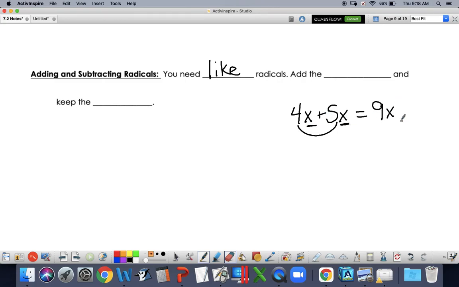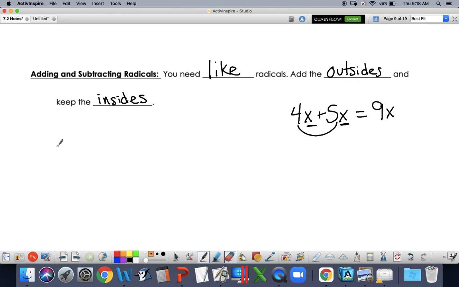I don't change that to x squared or anything like that. So the same algebraic principle applies to adding and subtracting radicals. You add the outsides and you keep the insides. This is different than our multiplying and dividing. With adding and subtracting, I add my outsides and I keep the insides.